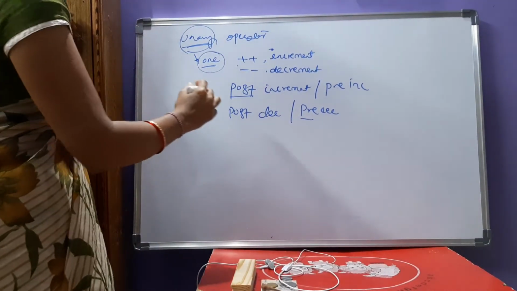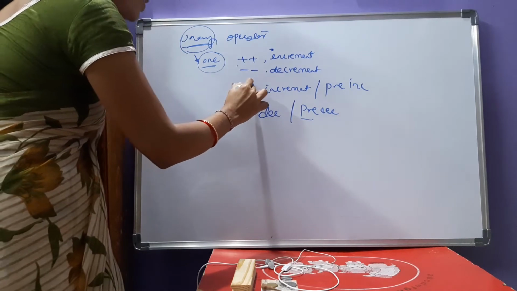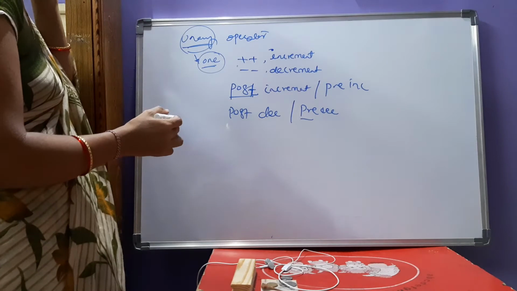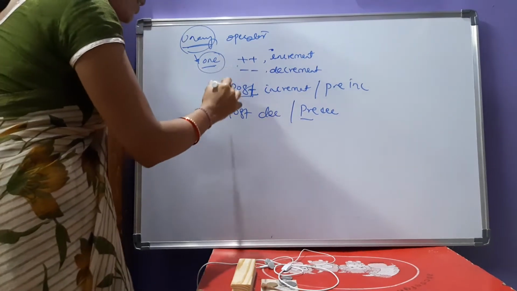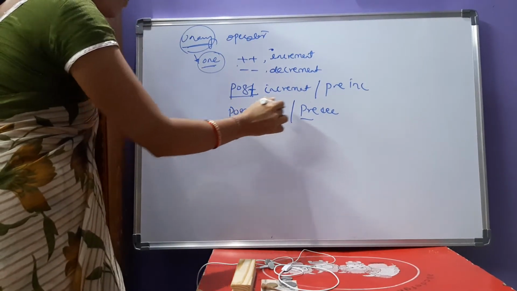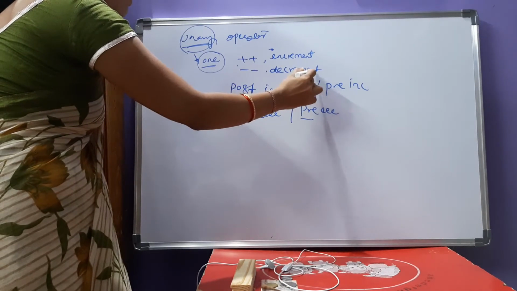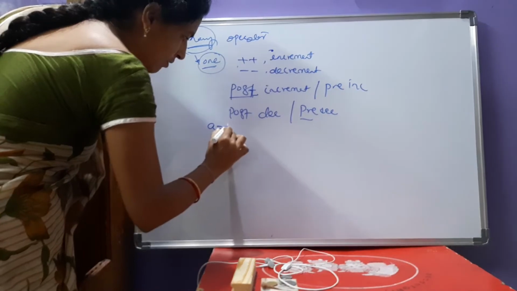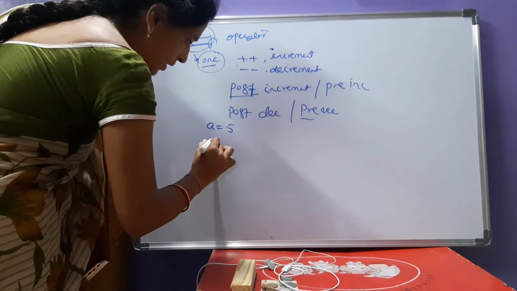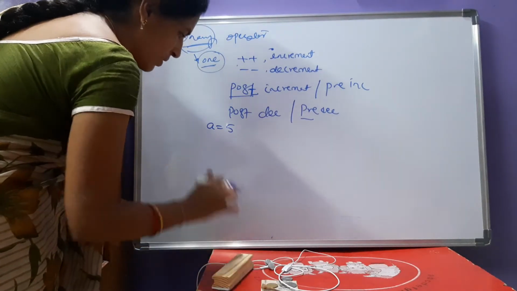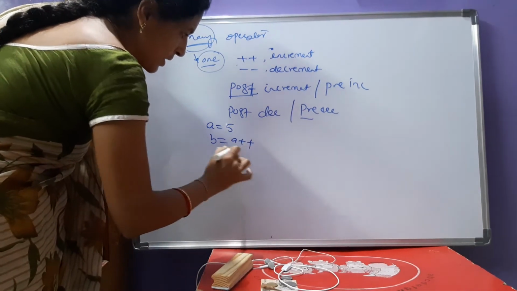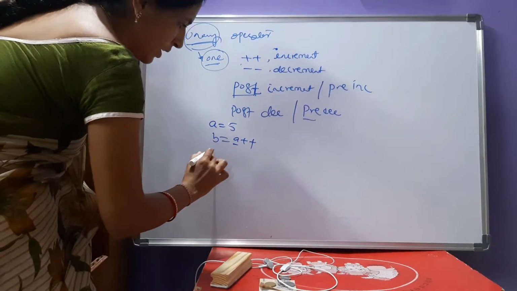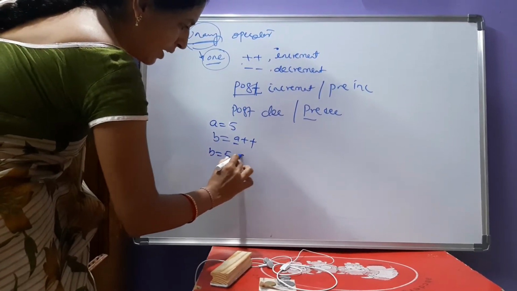So the difference between post and pre: in the post, first the operation is performed, and after that the assignment is done. See here, a equal to 5, and suppose b equal to a plus plus. This is post increment. In this situation, b equal to 5 and a equal to 6.